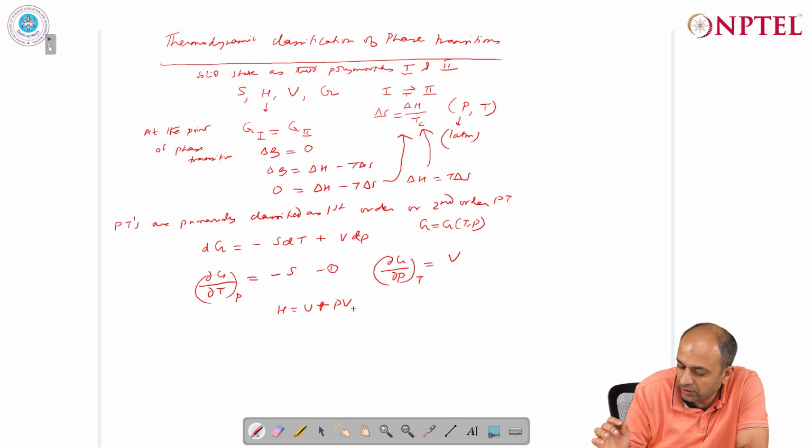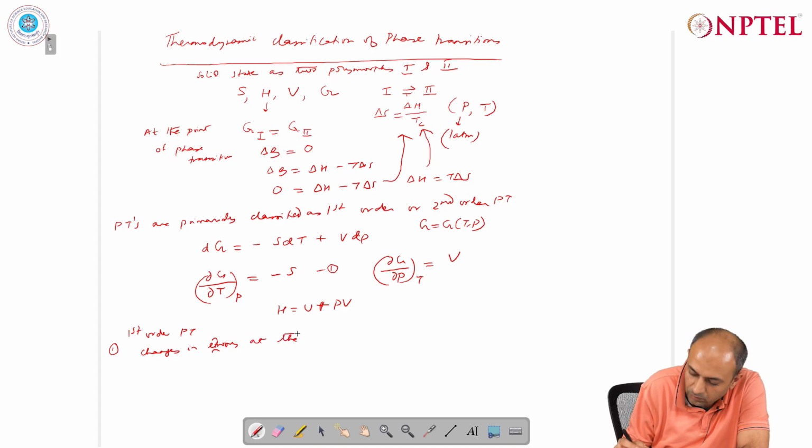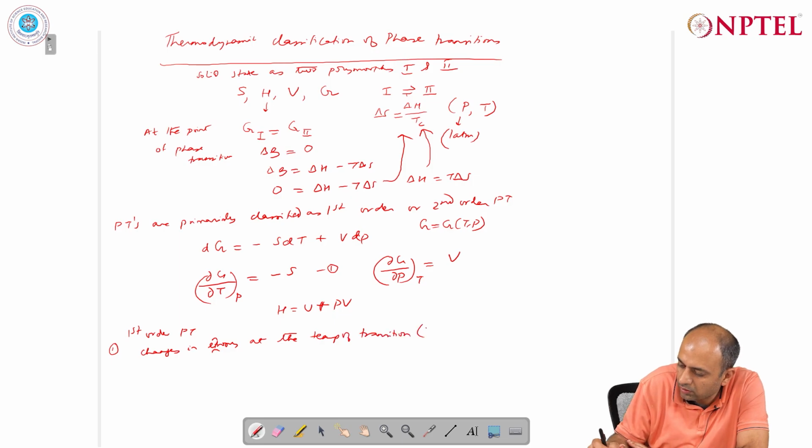The first order phase transition is characterized by changes in entropy at the temperature of transition, that is Tc.